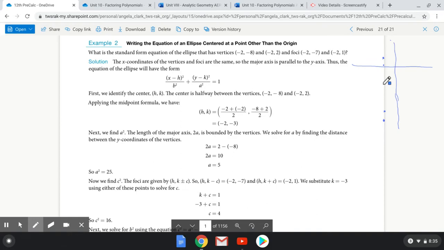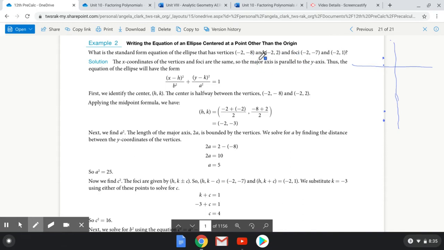Okay, so first of all, let's find our center because that's going to be the easiest thing, because the center is going to be halfway between the two vertices or halfway between the two foci. Either one, doesn't really matter. So we're going to find the midpoint between the two vertices. So if we remember how to find midpoint, we're just going to average, right? We don't need to average the x coordinates because they're the same.